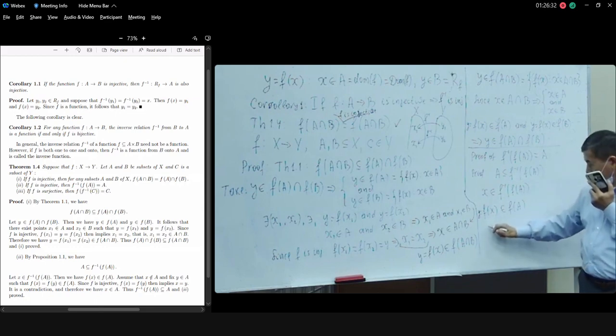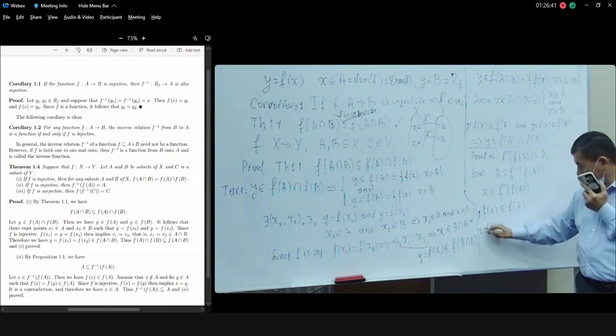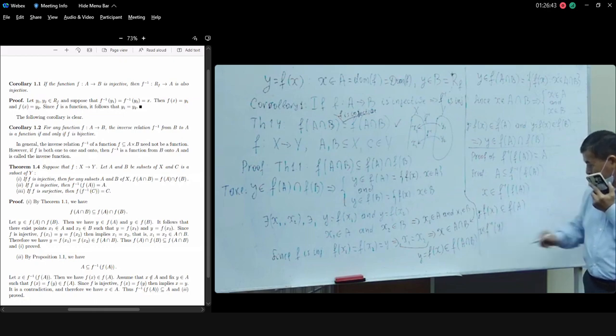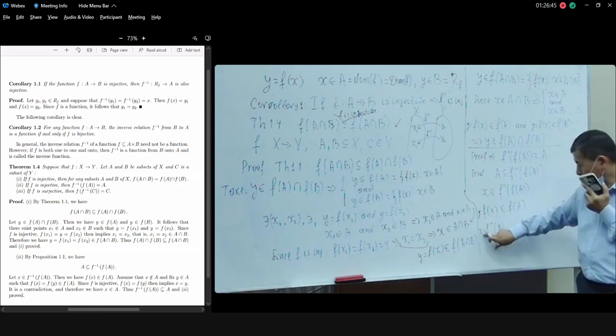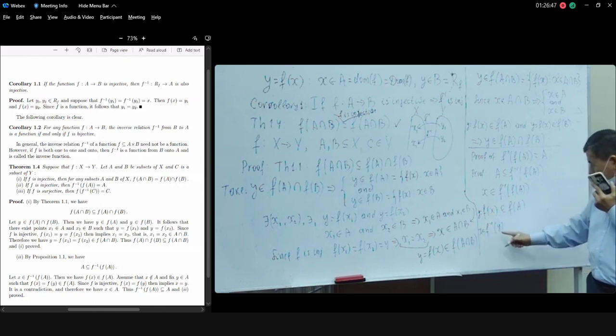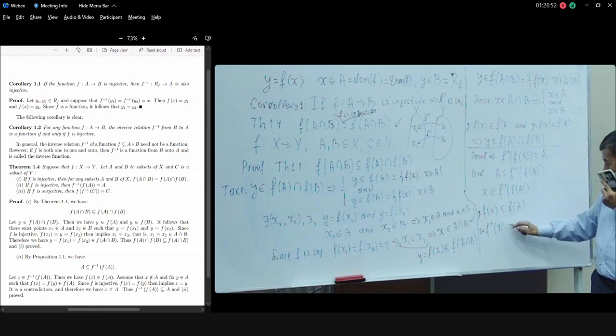So if I act f minus 1 of y, which is an element of x, this is the element of x. If I act with f minus 1, it is the element of f minus 1 of f of A. So again, I'm taking the same.